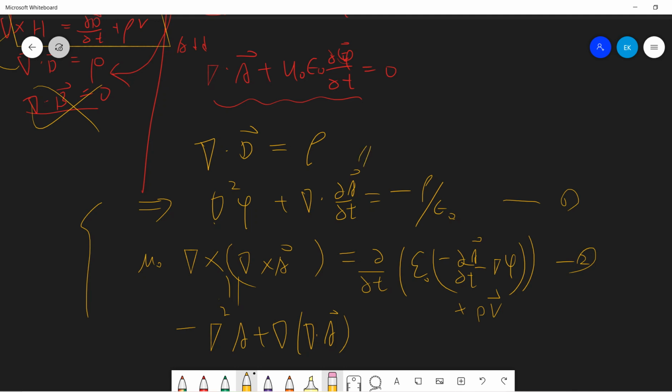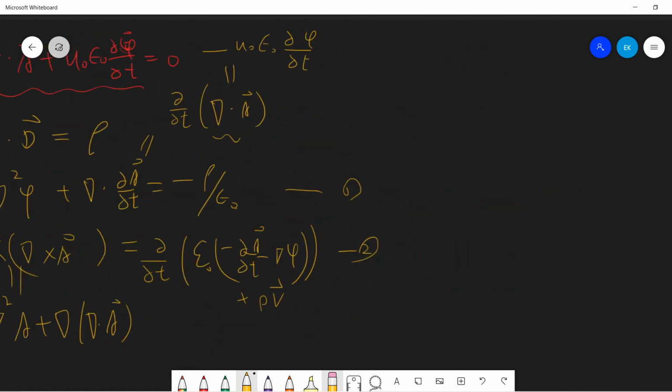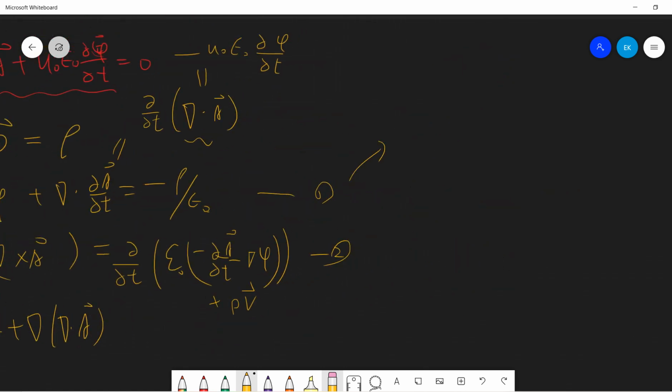So you can write it as the partial t of the divergence of A, and this divergence of A is just minus mu 0 epsilon 0 partial phi partial t. So the first equation depends only on phi. You get 1 over c squared partial t squared of phi equals this one.